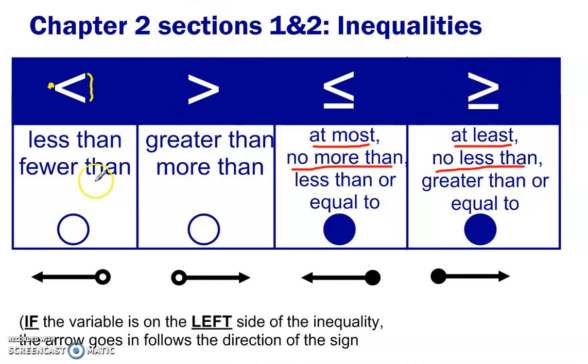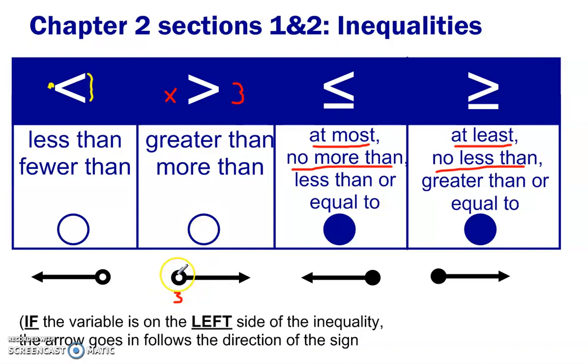Now for the graph, if it's less than, it means it can't be that particular number. So we make an empty circle, an open circle, if it's less than, because it can't be that number. Same thing for greater than, it's an open circle, it can't be that number. If we say x is greater than 3, then it can't be 3, right? Then 3 goes here.